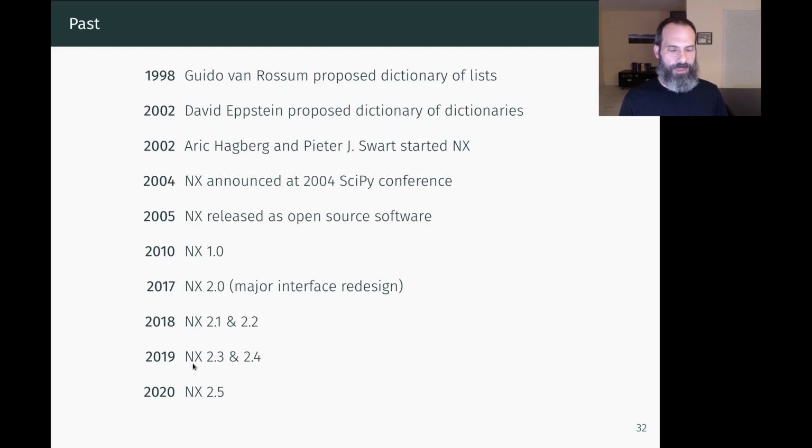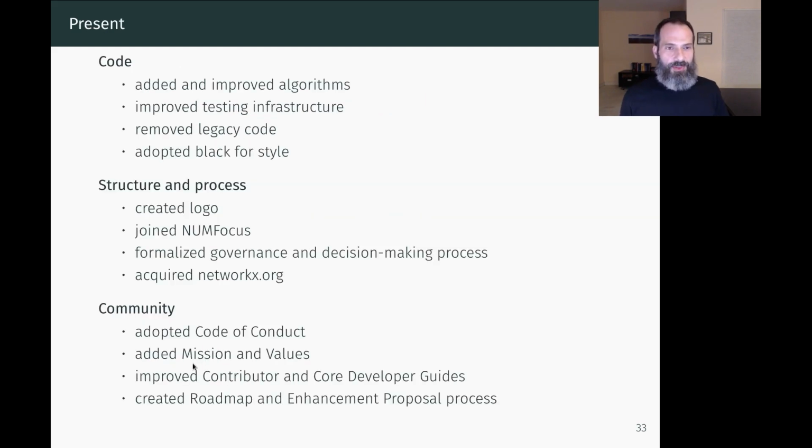However, we did continue releasing regularly with more algorithms, improved algorithms, all kinds of bug fixes. Basically every 6 months we had a release. And during this period, we've done a lot of cleanup, and we're right now in the midst of trying to do a lot more of this in the hopes that we can grow in the future to regrow our developer team.